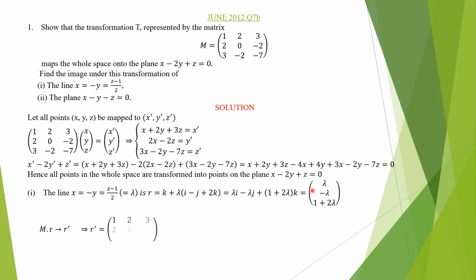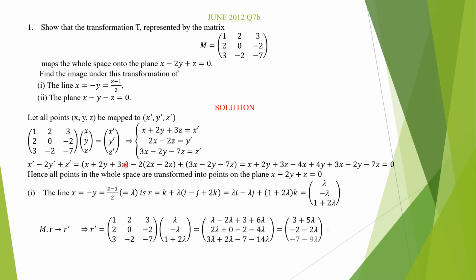Now again, as I said before, to get the image of any point under a transformation represented by a matrix, we multiply that matrix by that point and we get the image. So let's say the point is r, therefore the image r prime is just the matrix times the point r. The r in this case is our line, which is of matrix form this.